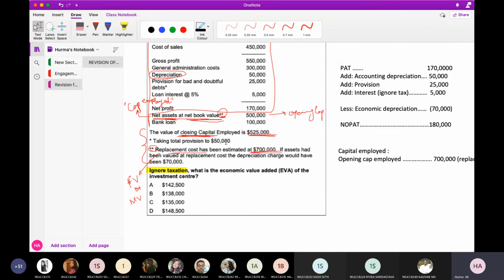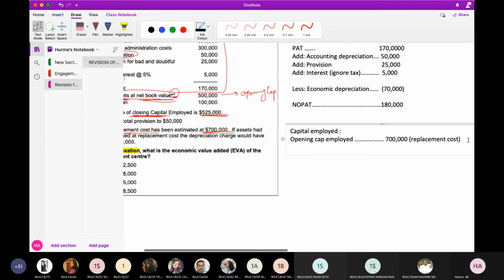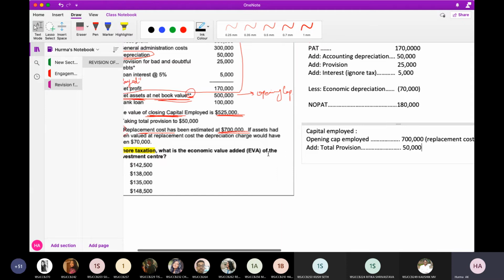So this provision also needs to be added to your capital employed. So add the total provision of 50,000 to your capital employed.